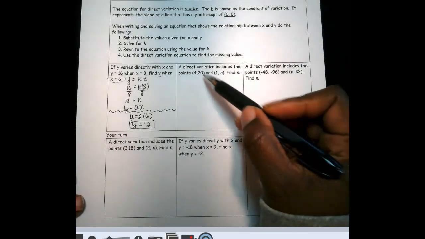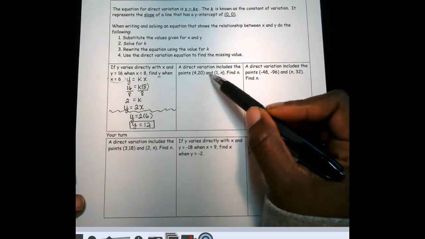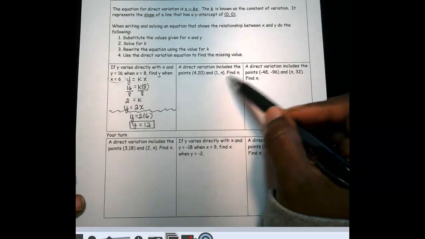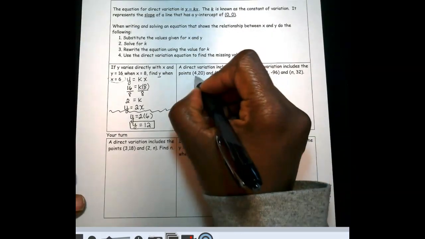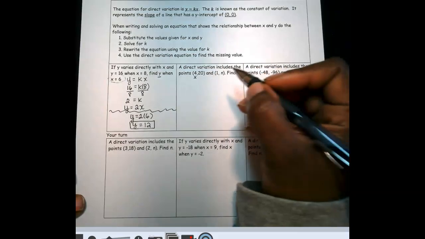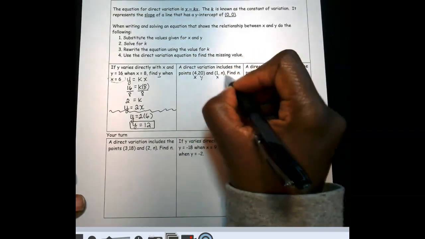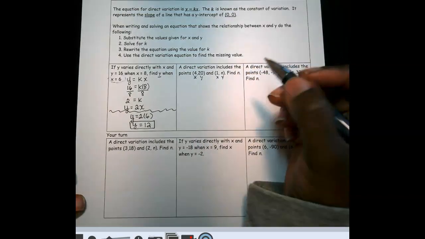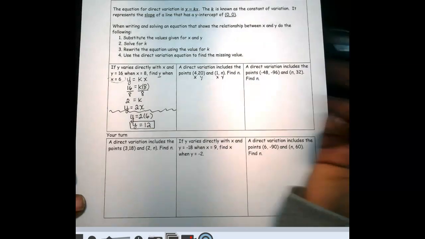Let's go ahead and look at this one. A direct variation includes the points (4, 20) and (1, n). Find n. So remember, these are ordered pairs, so my 4 is x, my y is 20, 1 is x, so they're asking me to find y, or in this case they've named it n.